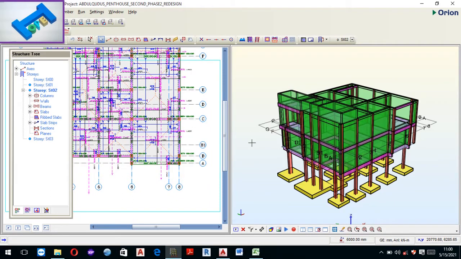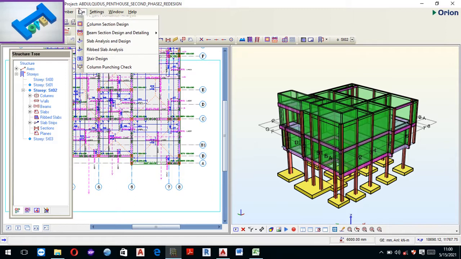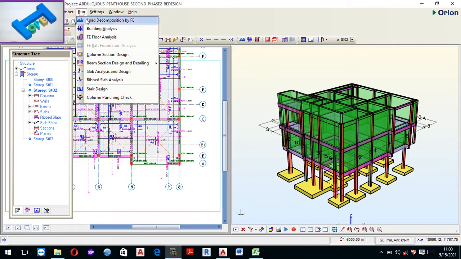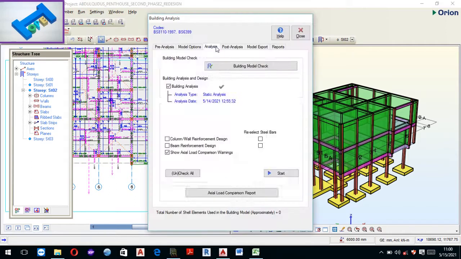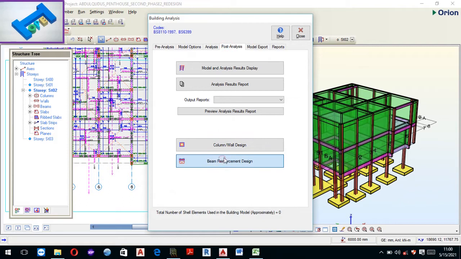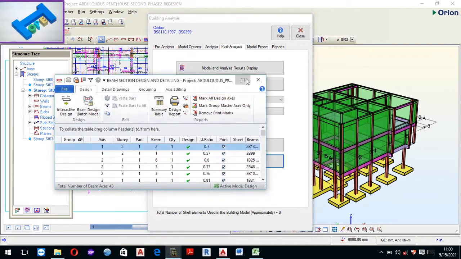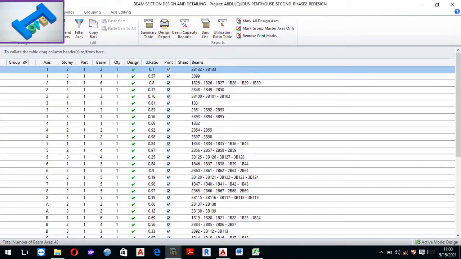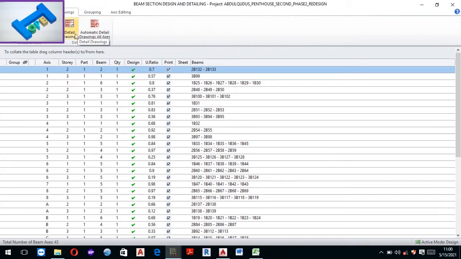Generating a beam design from this project. Here we have to generate one of the detailed drawings for a beam to make the analysis.